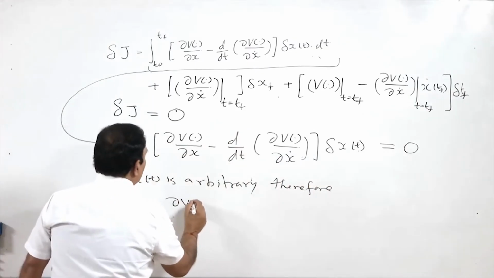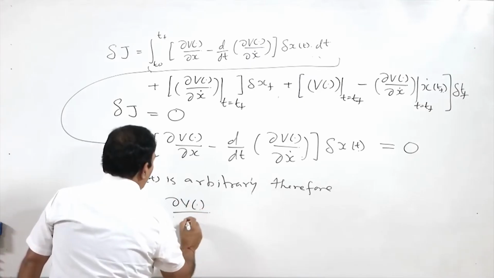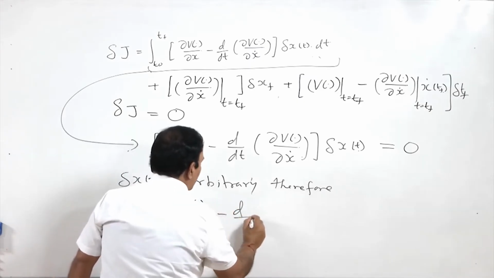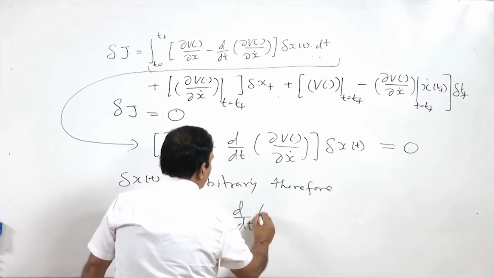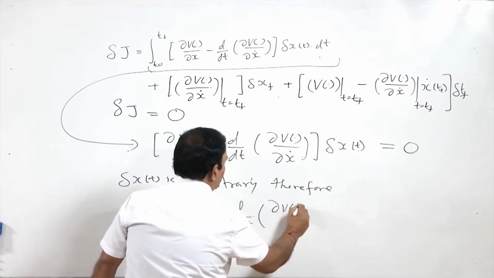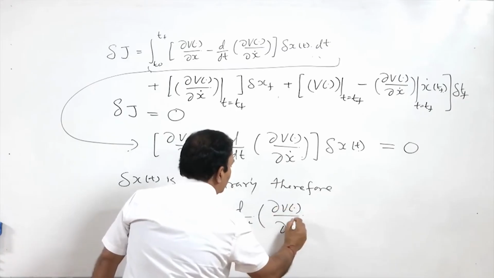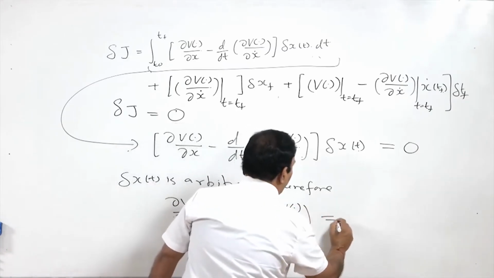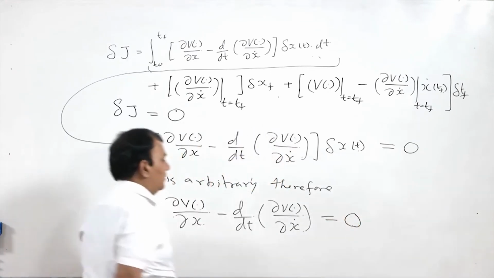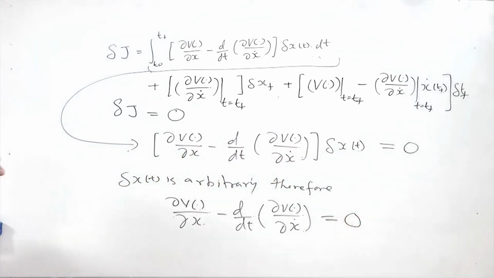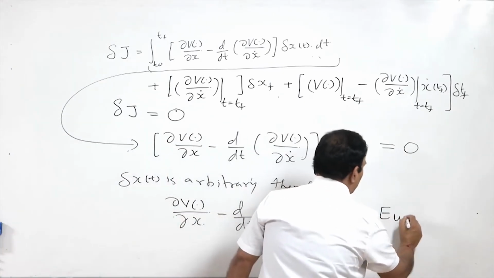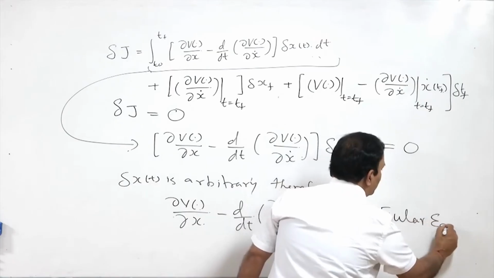This means del v dot by del x minus d by dt del v by del x dot must be equal to 0, and this is nothing but my Euler equation.